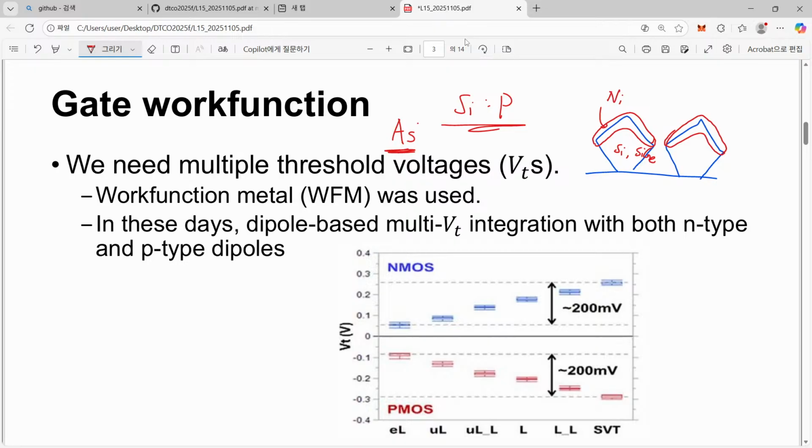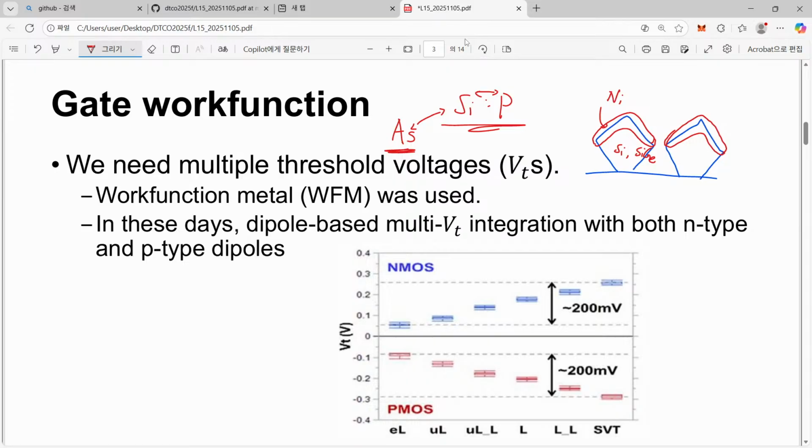the atomic size difference between silicon and arsenic is larger than the difference between silicon and phosphorus. So that's the reason why if we introduce silicon arsenic as a growing material of our silicon epitaxy layer, then it introduces severe defects inside.